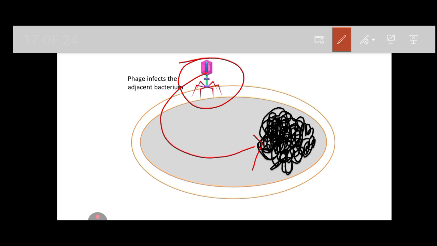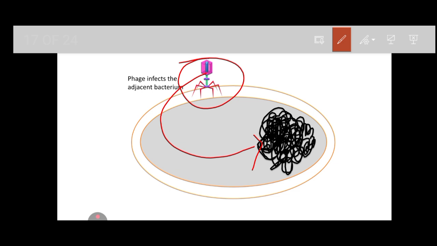This particular DNA may code for novel traits like heavy metal degradation, synthesis of industrially important enzymes, capsule formation, which is an added virulent nature to the bacterium, antibiotic resistance, whatever the genetic trait may be, transferred by the virus particle to an adjacent bacterial population.